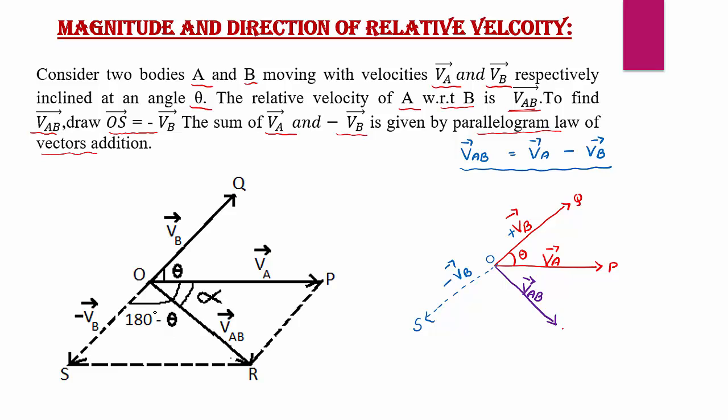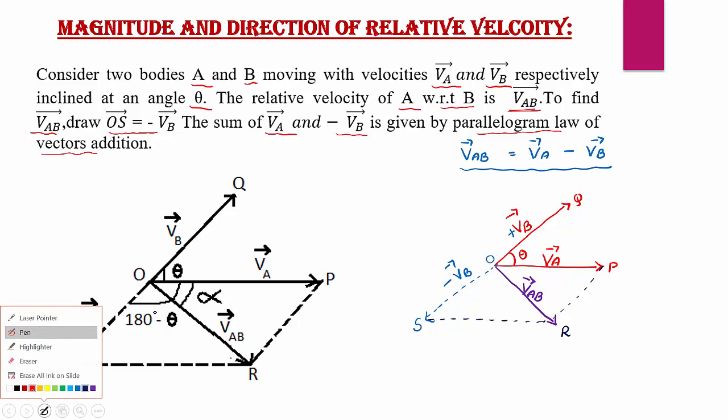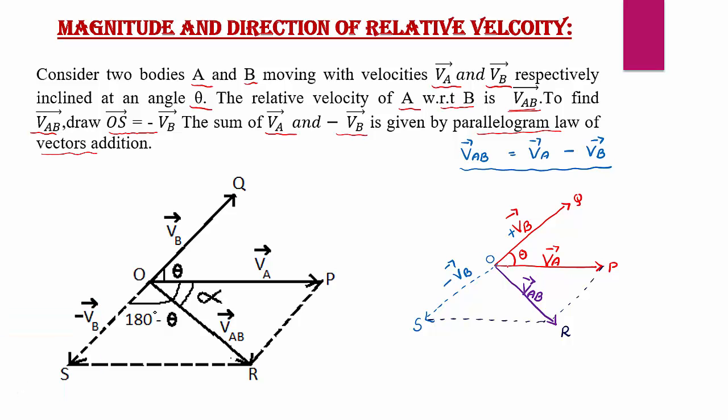Now let us join the remaining parts here, taking the resultant as R. This will give a parallelogram. Observe this diagram. VAB is the resultant vector along the diagonal, and VA and VB are the adjacent sides of the parallelogram. Now I am going to consider angle alpha. Angle alpha is the angle between vector VA and the resultant vector.